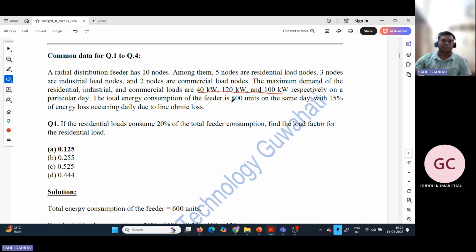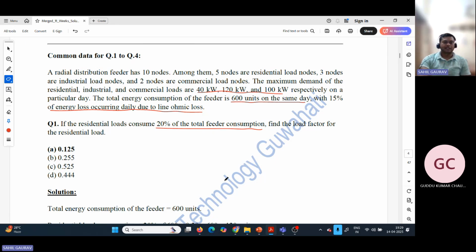Total energy consumption is 600 units on the same day, with 15% of energy loss occurring daily due to ohmic loss. They are asking that if the residential load consumes 20% of the total feeder consumption, find the load factor for the residential load.